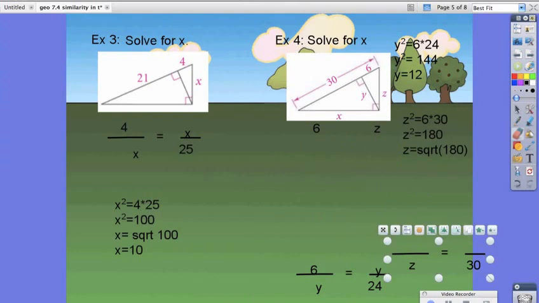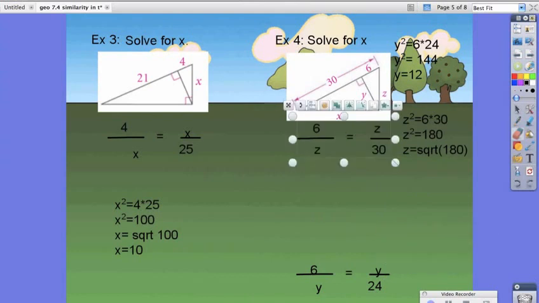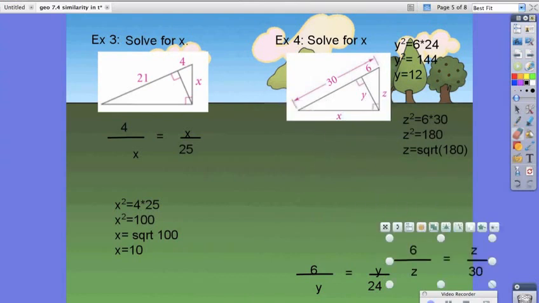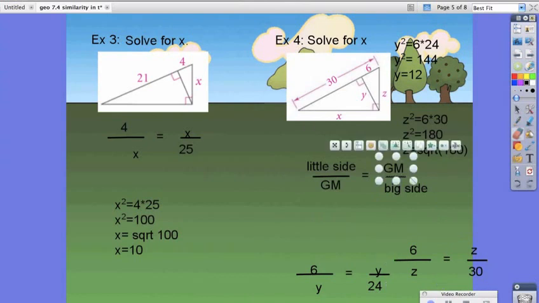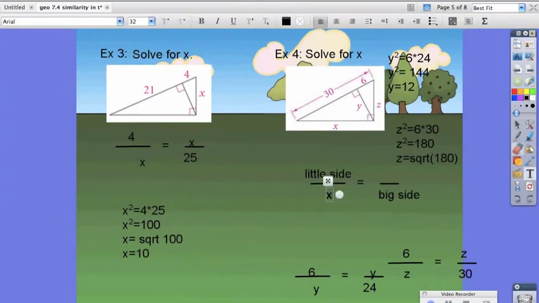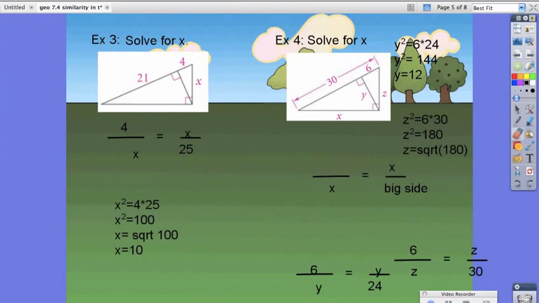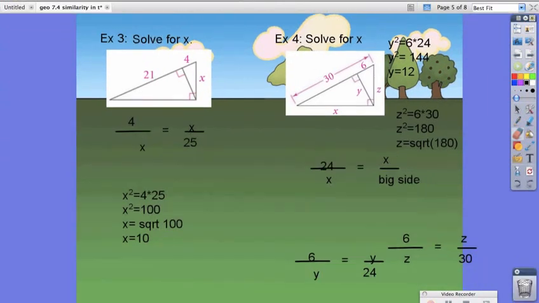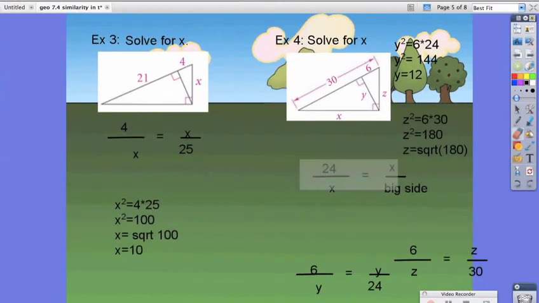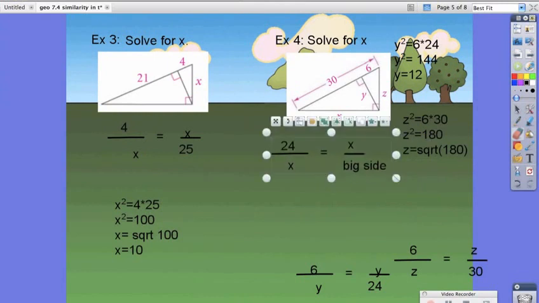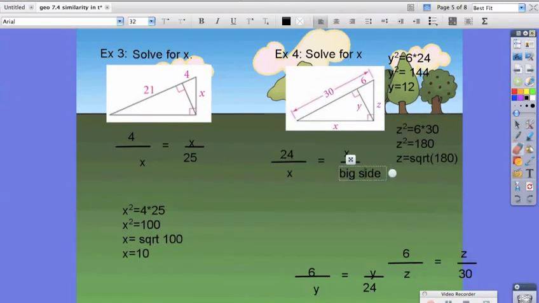And last but not least, we're going to move that fraction along and do this one last time. So the geometric mean is x this time, and the small side that's immediately touching the x is going to be 24, or 30 minus 6. And the large side is going to be 30.